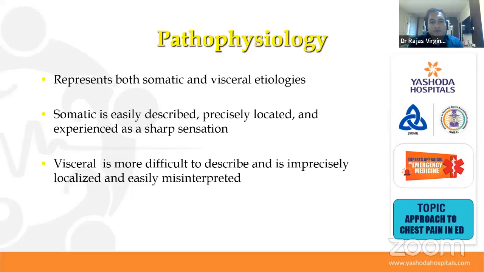So this should be enough that the patient will come to the emergency department. It can represent both somatic as well as visceral etiologies. Somatic is a very localized pain. So it is precisely located and generally experienced as a very sharp pain. Whereas a visceral sensation is more difficult to describe and not able to localize very easily and can be misinterpreted.